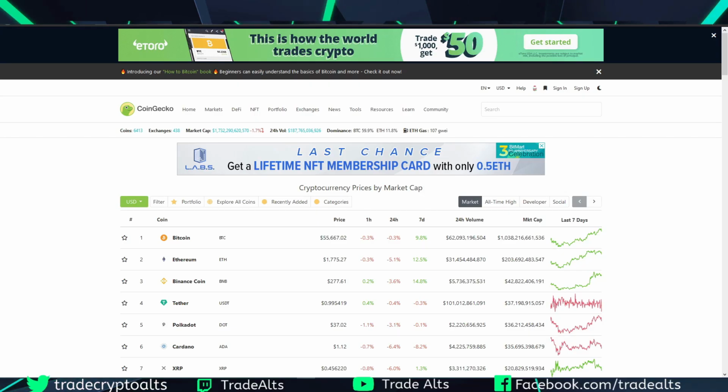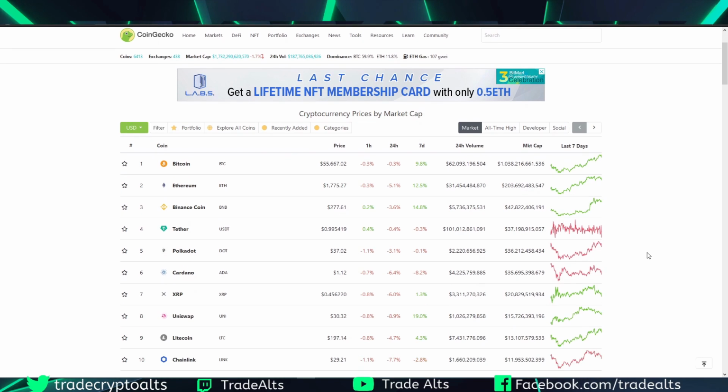So here is CoinGecko.com, and you can also use CoinMarketCap if that's your thing, but I really prefer CoinGecko. It's a site where almost every single crypto project out there is listed, and it gives you really important statistics.